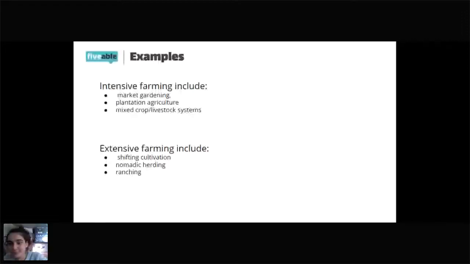Okay, Marcus. I hope I'm saying that right. This is right. Shifting cultivation is a method of planting where massive plantations or forests, for example, are burned and then left abandoned for a period of time.